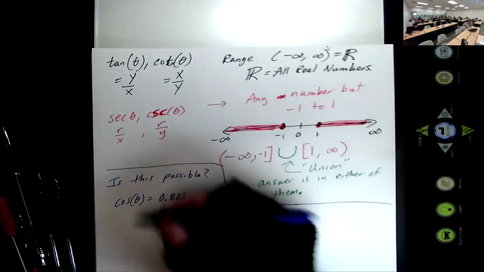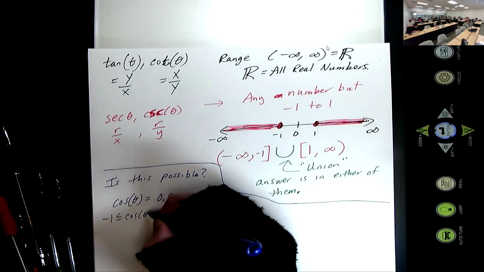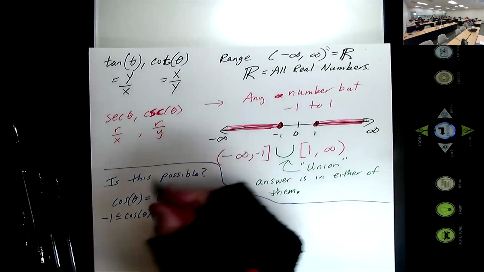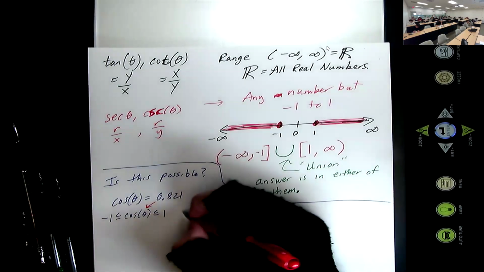Well, cosine theta was allowed to be between -1 and 1, and 0.821 is in that region. It's within the region, so this is, yes, possible.